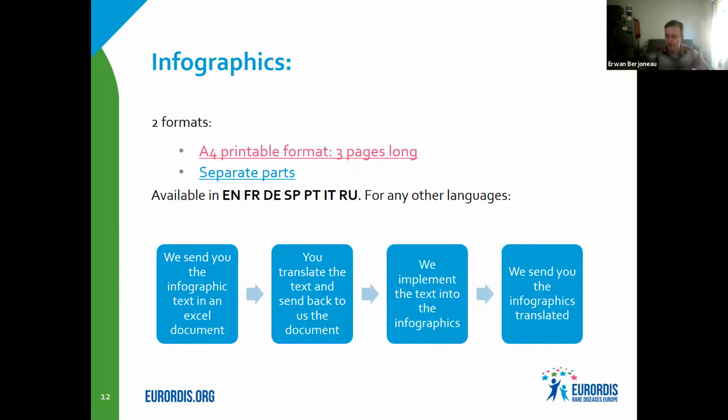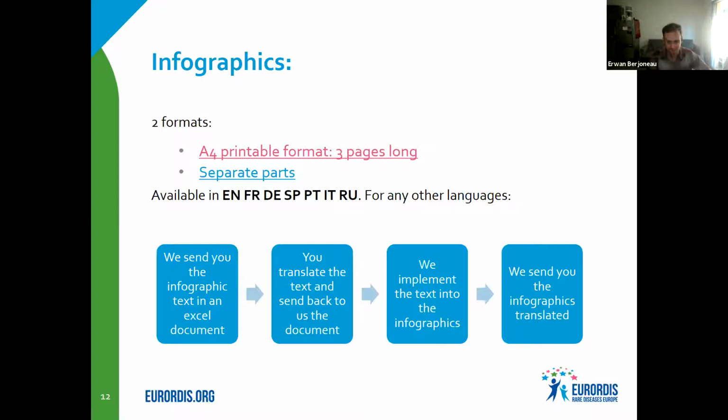But if you need another language, it's not a problem at all. The only thing is that you will have to translate it yourself, but we will help you with that. So we will send you the infographic text in an Excel document. You will translate the text and send back to us the document with all the text translated.